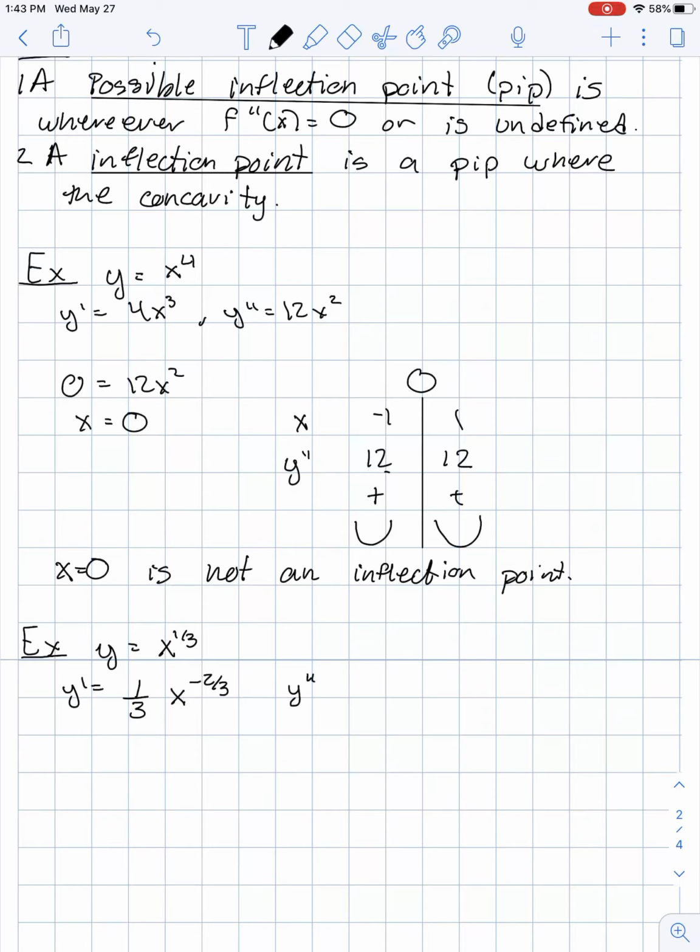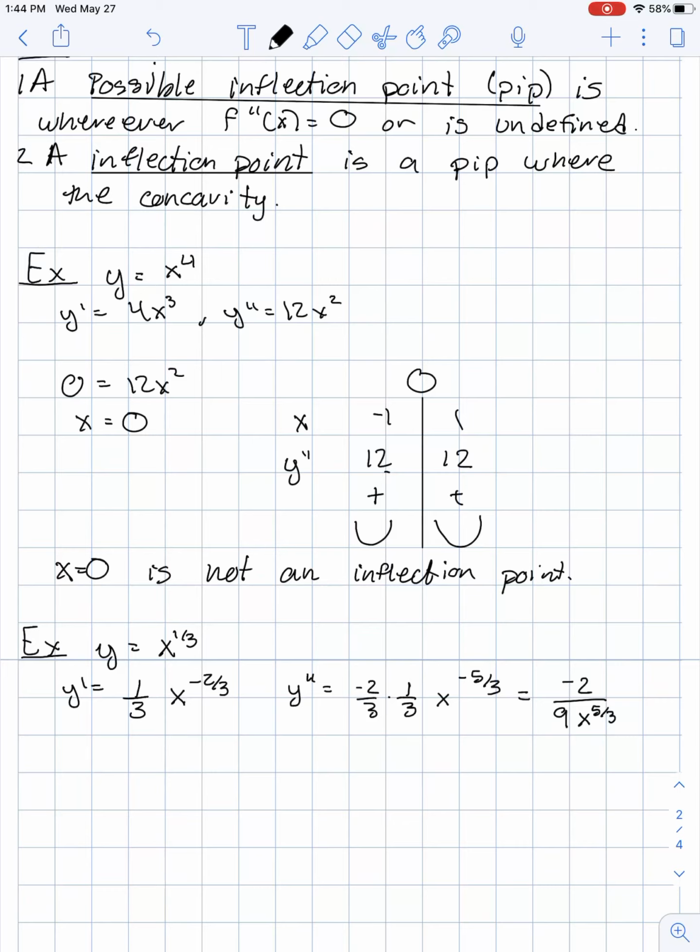And then y double prime will get negative 2/3 times 1/3 x to the 2/3 minus 1, which is negative 5/3. Simplify that to negative 2 divided by 9 x to the 5/3.